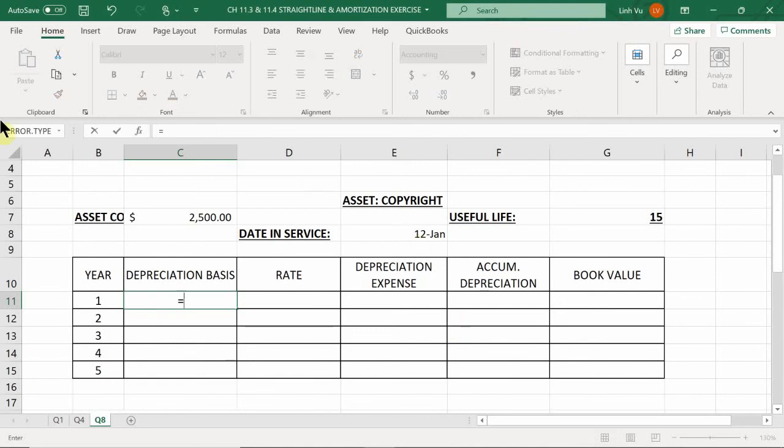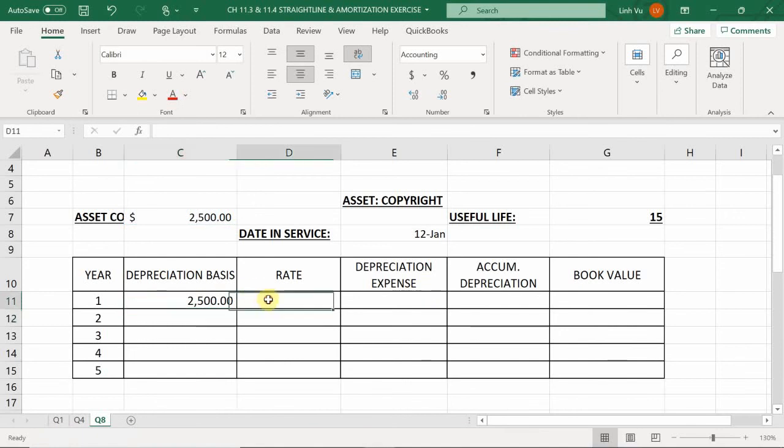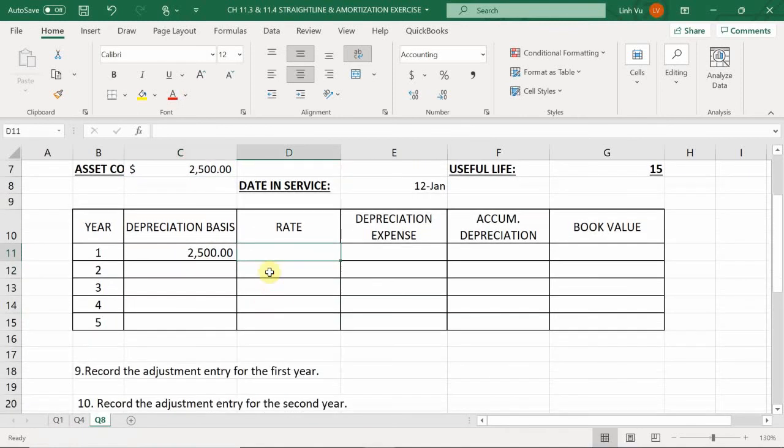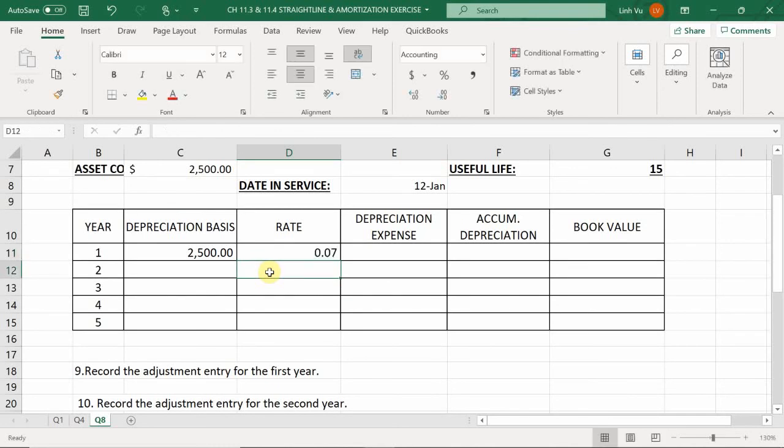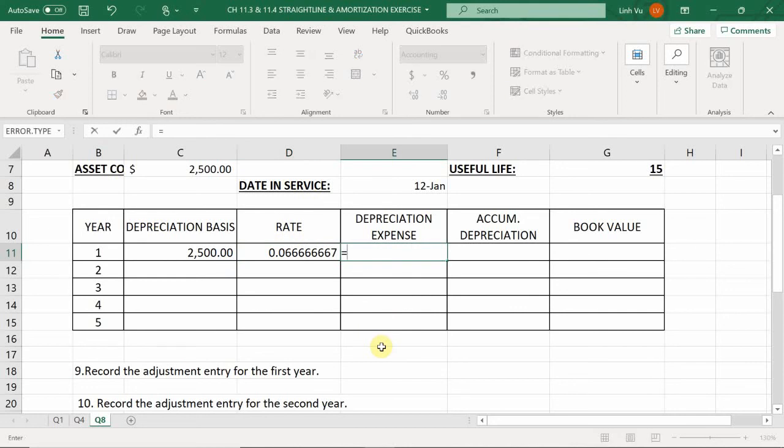It's the same as the cost of the asset, so 2,500. Good. And then our rate is one divided by the 15 years, so 0.07. If you expand, that should be 0.06666667, something like that. Okay. So then you have to use your equal formula here as well.